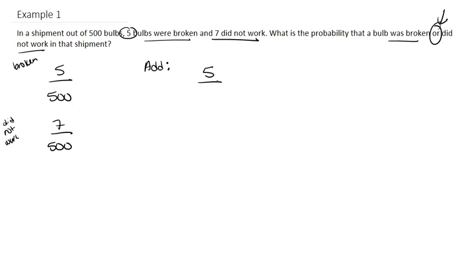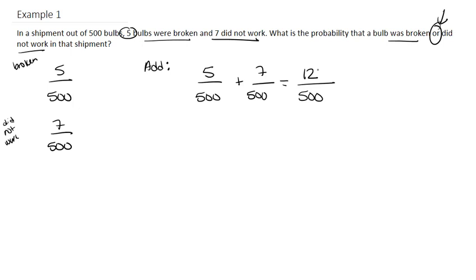So we go 5 out of 500 plus 7 out of 500. Because we have a common denominator, we can just go ahead and add our numerators. So 5 plus 7 is 12. So now we have 12 over 500, but we want to reduce that.